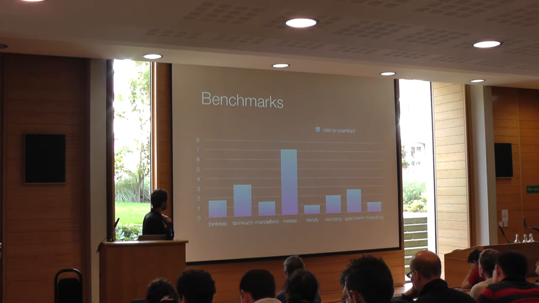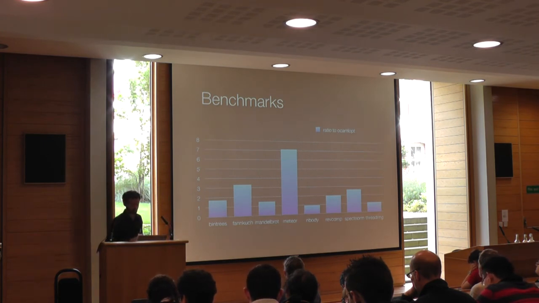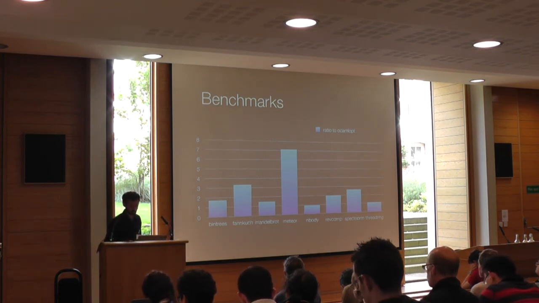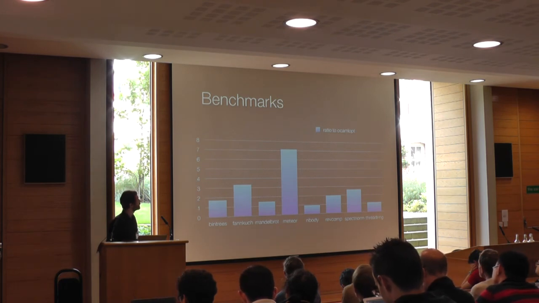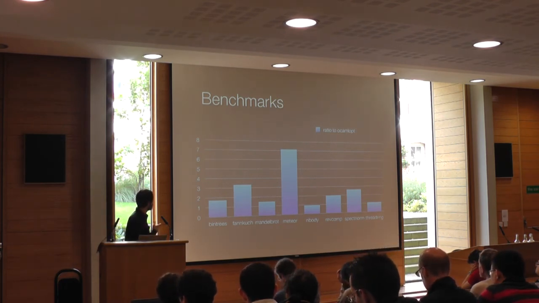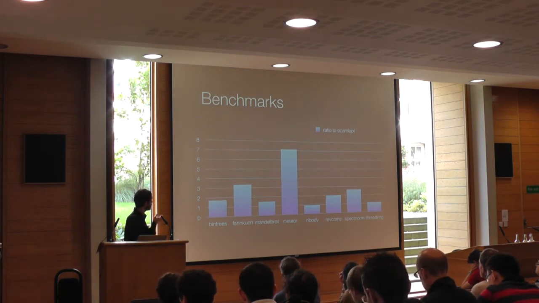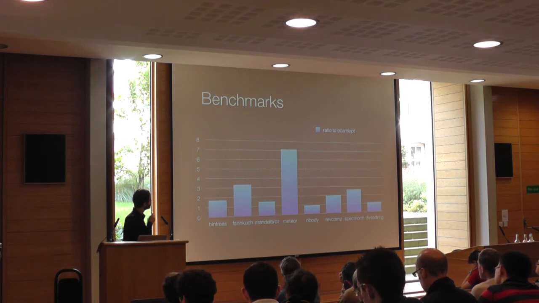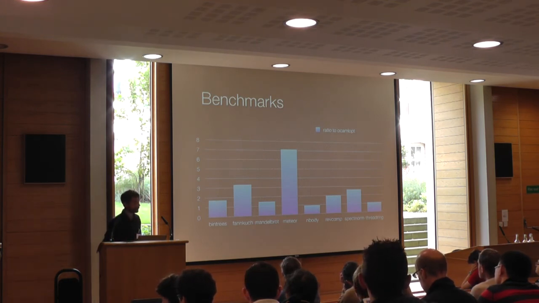All benchmarks are taken from the language shootout. So as you can see, except for the middle example, we are between 2 or 3 times slower than native compiled code, which is not that bad.